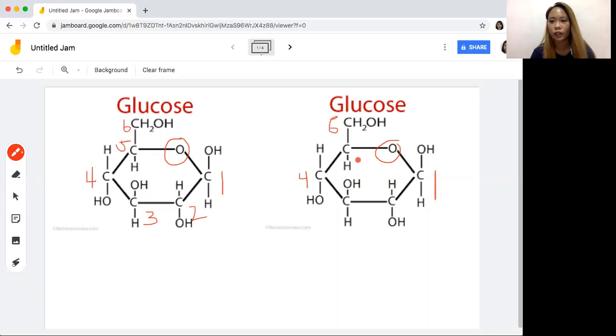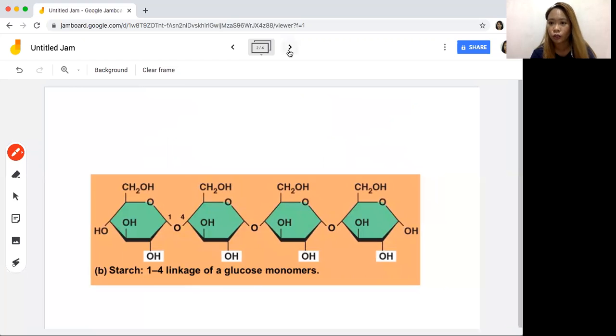I'm going to add another glucose molecule to form maltose, and it will be formed using an alpha 1,4 kind of linkage. So if this is carbon 1, automatically it will form a glycosidic bond with carbon 4 in a dehydration process.